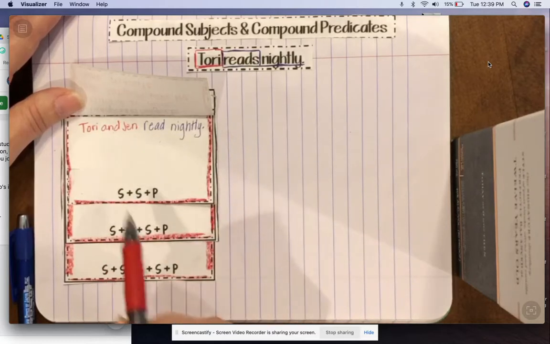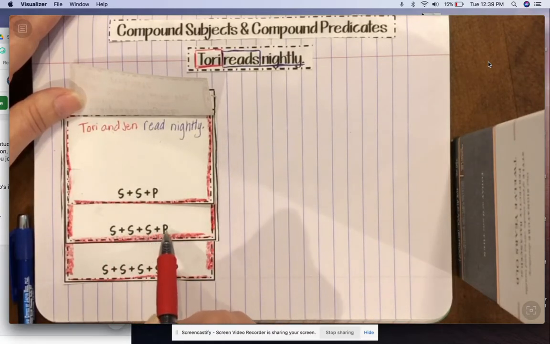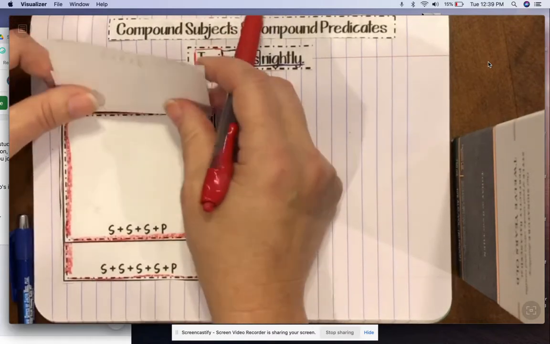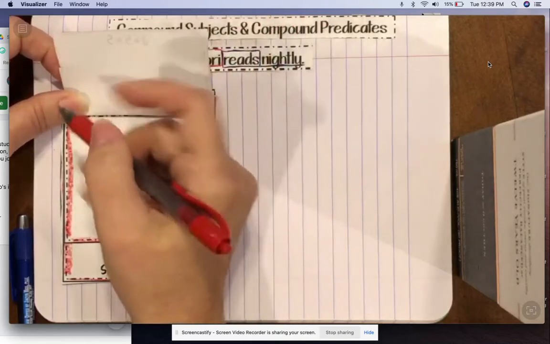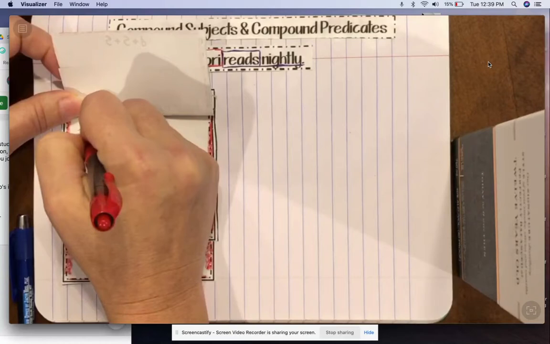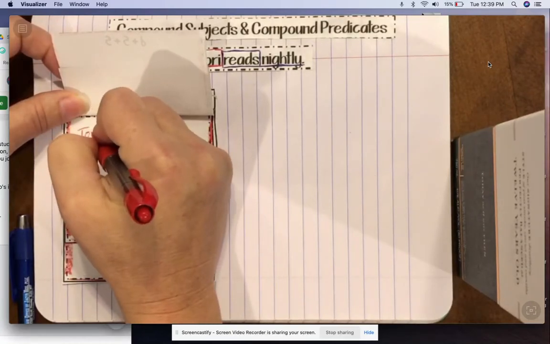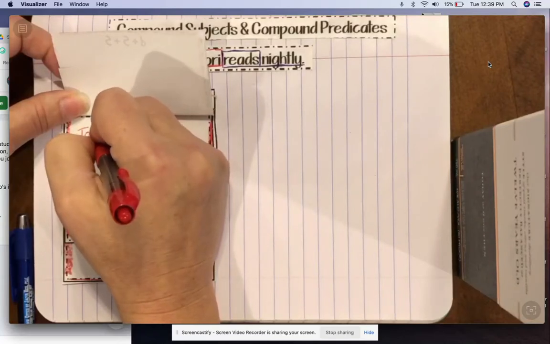What do you think will happen if we add another subject? Subject plus subject plus subject plus predicate. Well, Tori and Jen are about to get a new friend. So let's flip the page. As always, if you need more time, just pause your video. We're going to write with red, Tori. Now I have a list of three people. So when you have a list of three or more things, you have to separate them with commas.